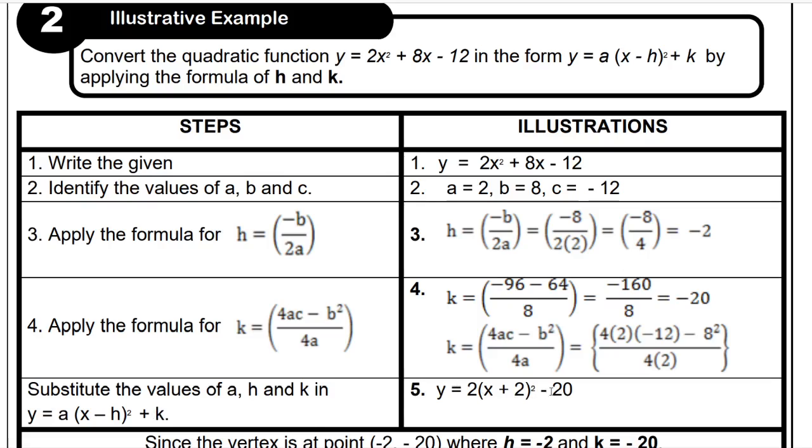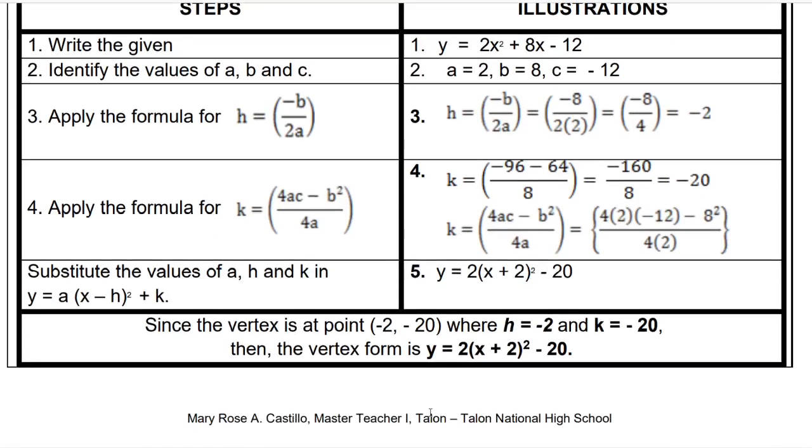So that's why you have minus 20 there. Replacing those values in the vertex formula, you have now the vertex form. So from there, your vertex is negative 2 and negative 20.